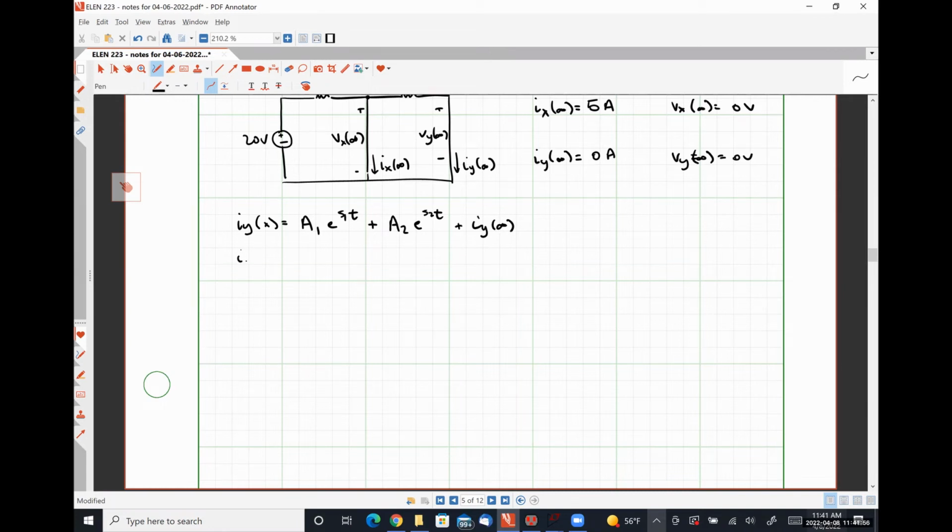And therefore Iy of 0 is a1 plus a2 plus 0 amps. So our first equation is a1 plus a2 is equal to 0 amps. Are we okay with that? All right, just double checking.